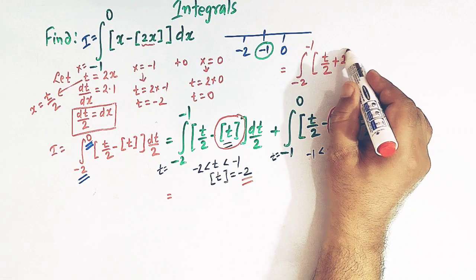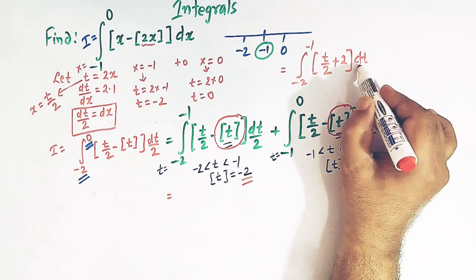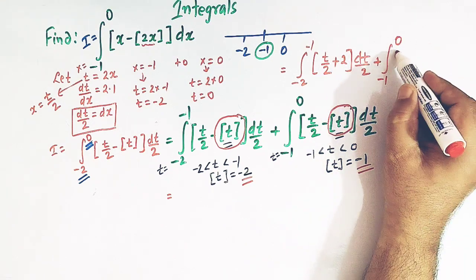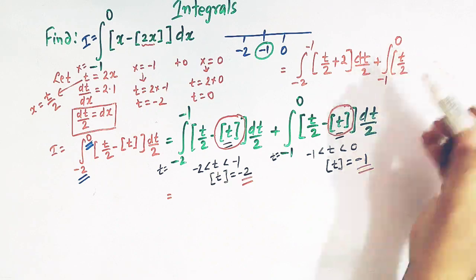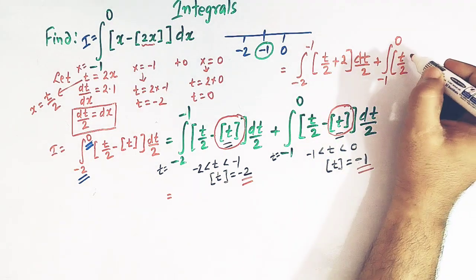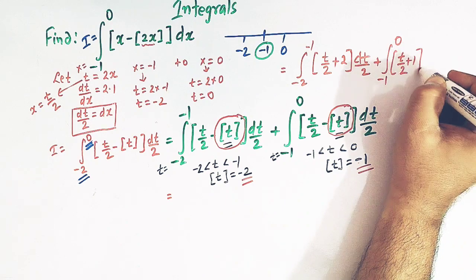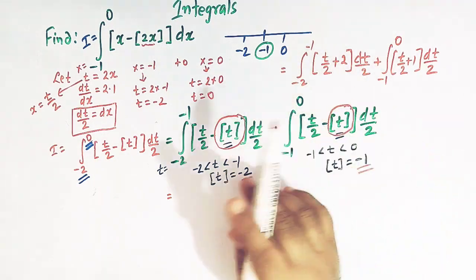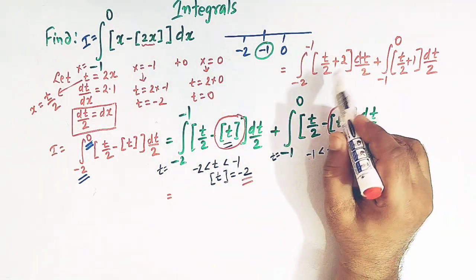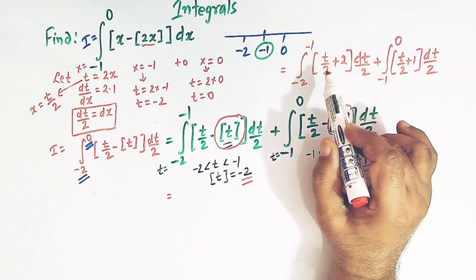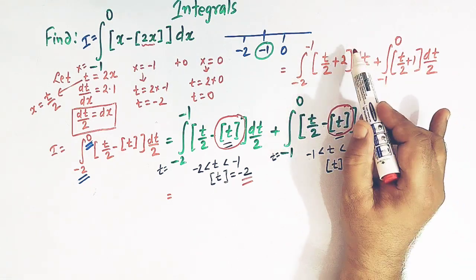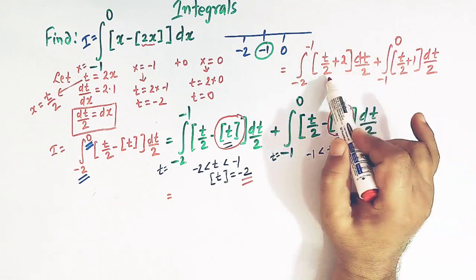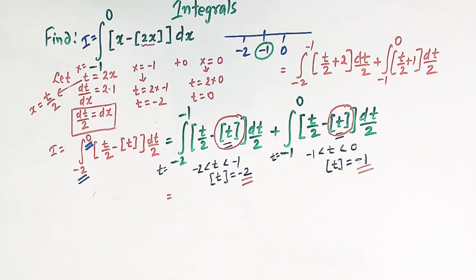So here we have +2, and the second integral is now equal to -1 to 0, and here we have greatest integer of t by 2, and this negative becomes positive. So here we have +1, and here we have dt over 2, right? So now these two integrals are simplified to these two integrals, right? So now let us again apply some inequalities to simplify these two integrals further.